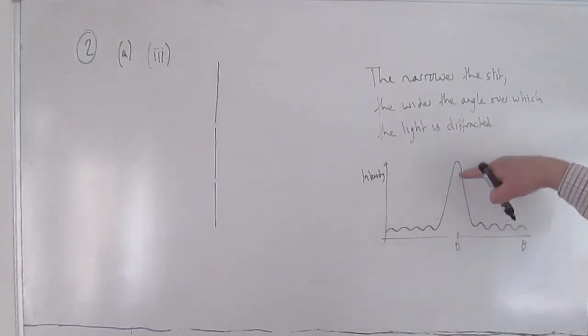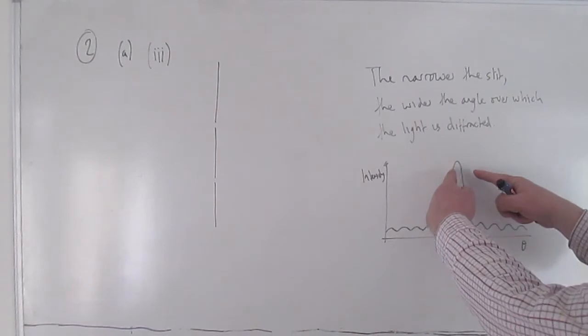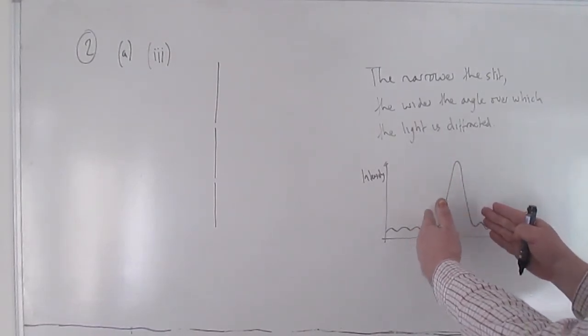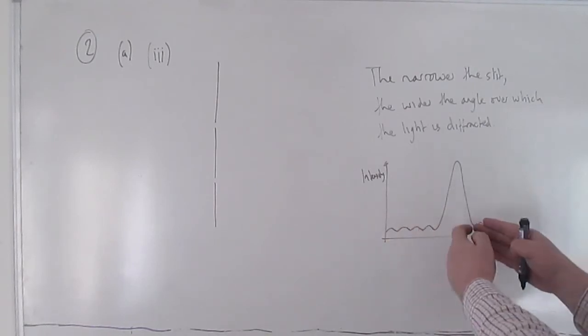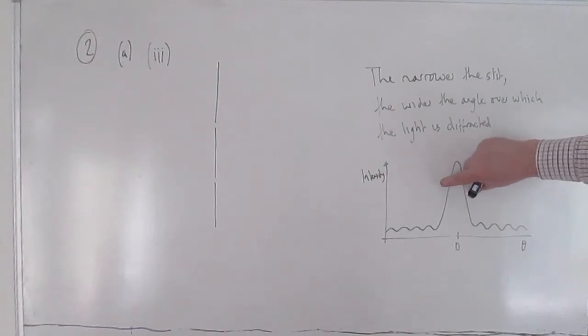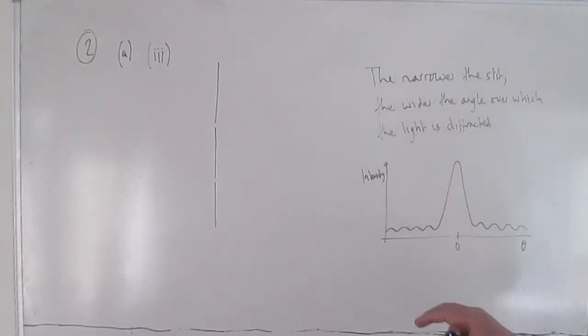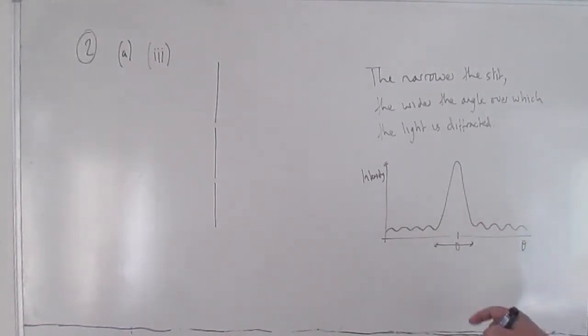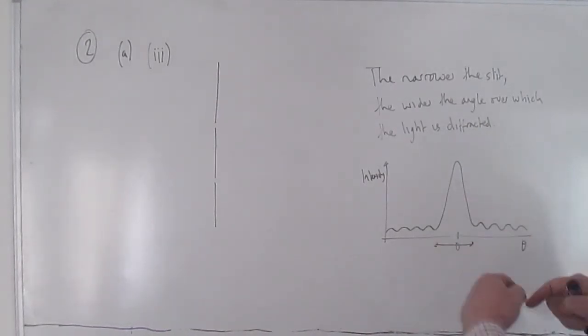Okay, so you get most of the light in the middle, and then over this range there's a significant amount of diffracted intensity, and outside of that there's not 0, but there are just these much smaller peaks. So most of the intensity is focused around the middle, but it turns out that this distance depends on the width of the slit, and basically the narrower the slit, the bigger that angular separation is.